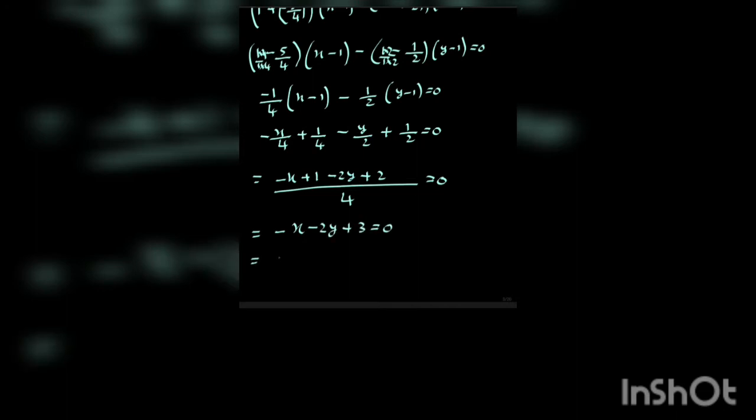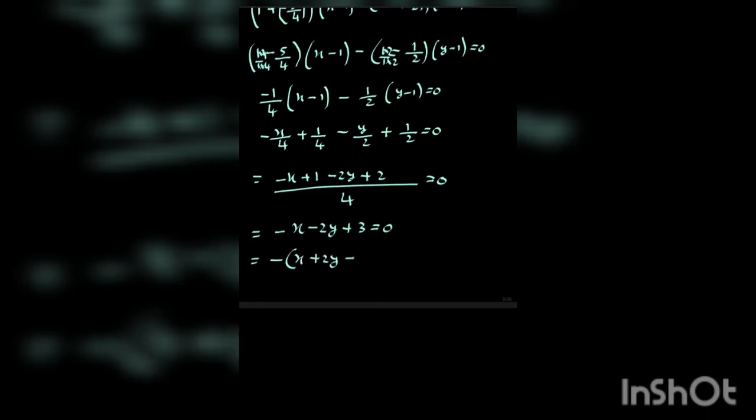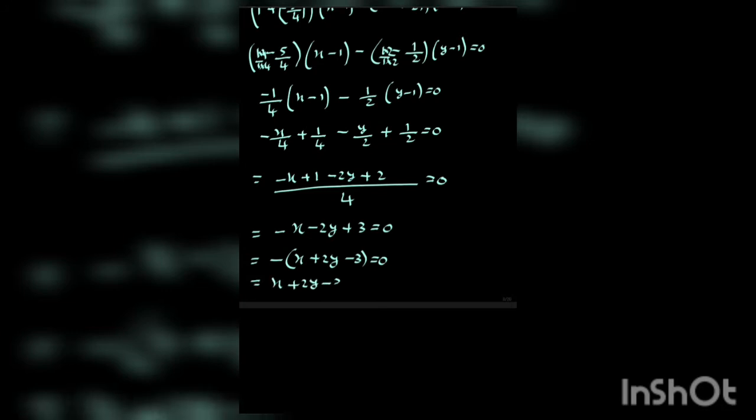Taking minus as common, x plus 2y minus 3 equal to 0. So this is the equation of the normal.